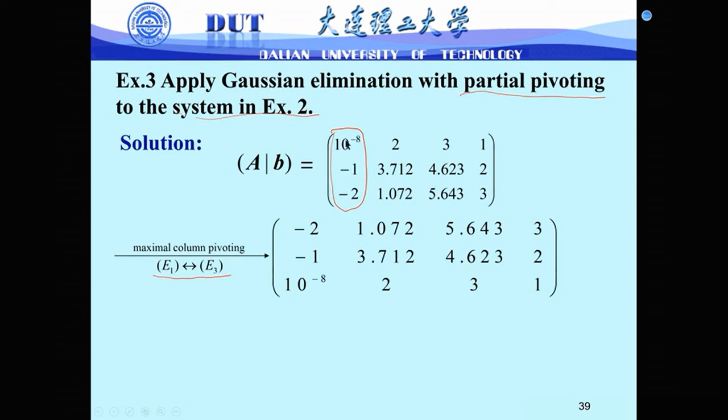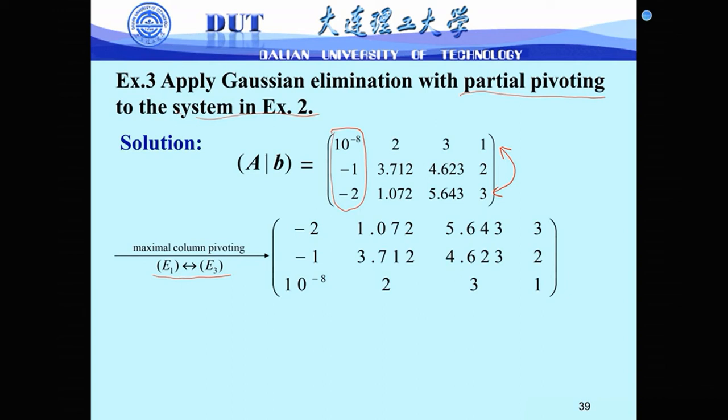And we interchange these 4 elements to the third row. So 10, -8, 2, 3, 1. Are you clear? We just interchange the 2 rows before elimination. So that is the difference.